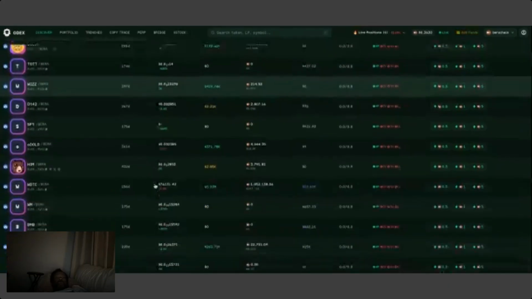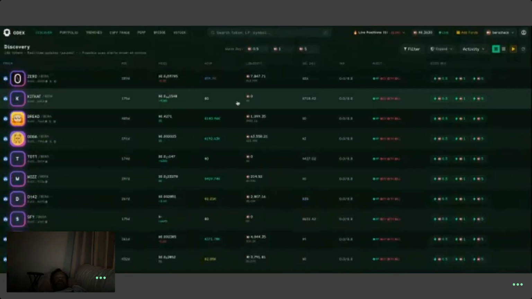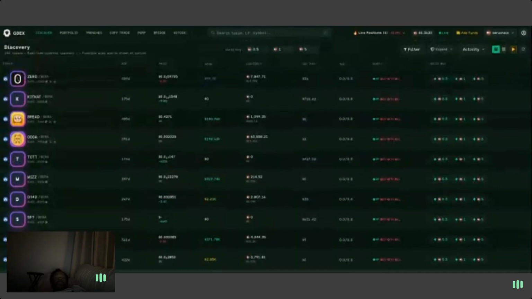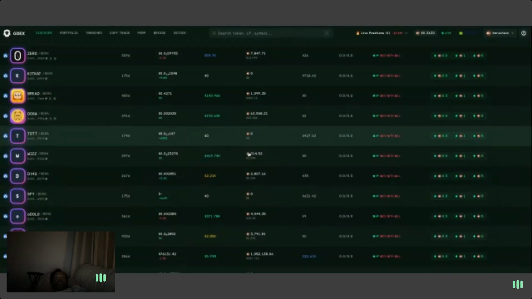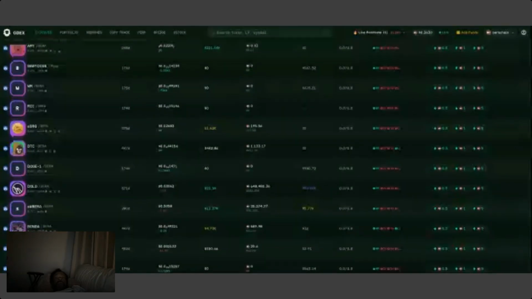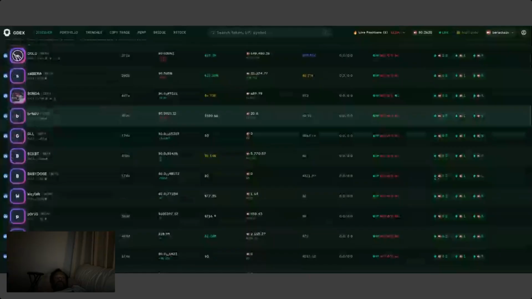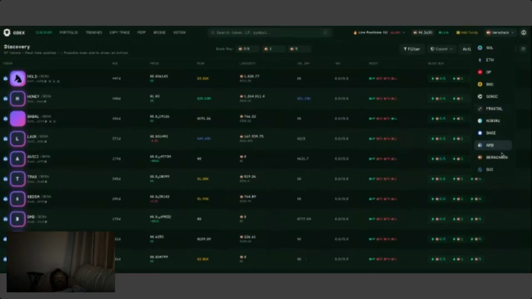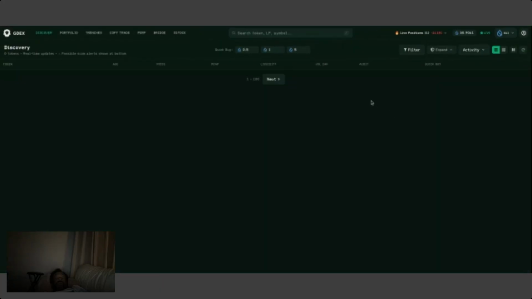Verichain. I don't know. What's the market cap on this? What's the liquidity looking like on Verichain? It's gotta be dead. Gotta be dead. Damn, it still ain't got anything.